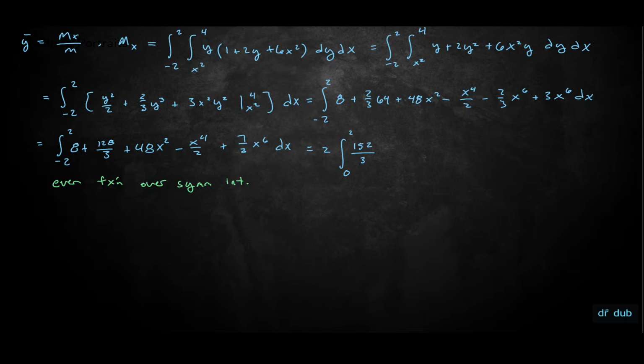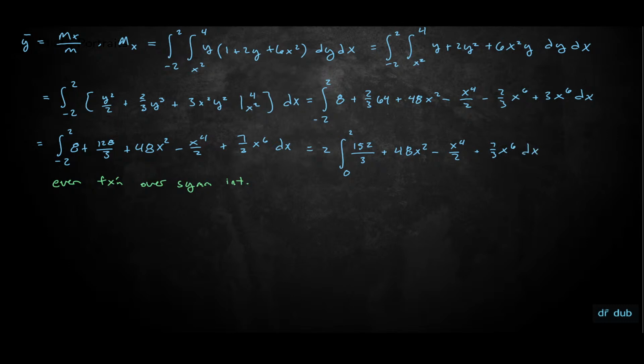Is that right? 24 plus 128. Yep. So 152 over 3 plus 48x squared minus x to the 4 over 2 plus 7/3 x to the 6 dx.